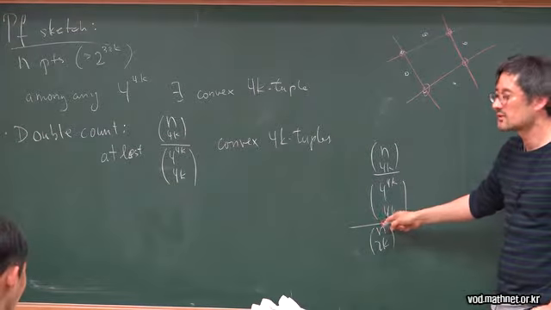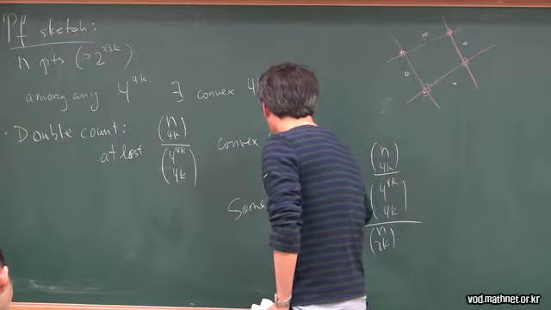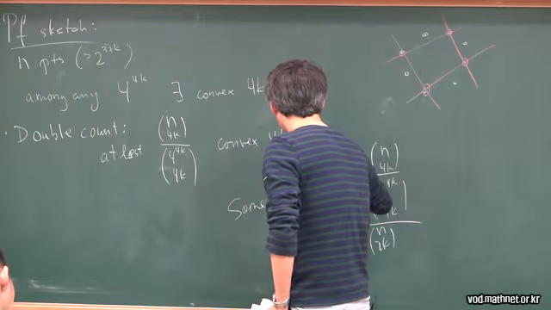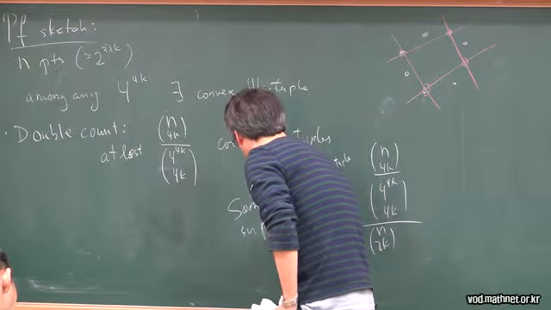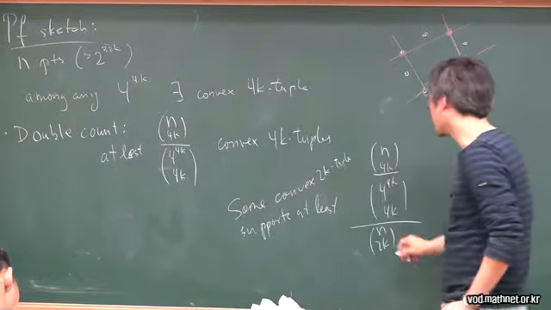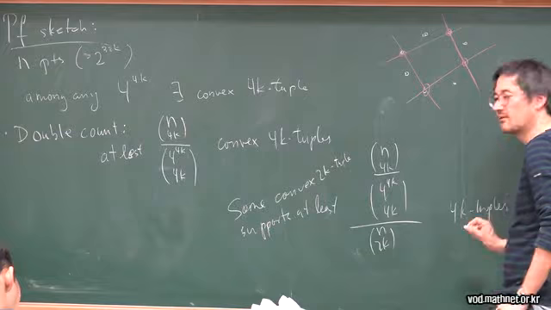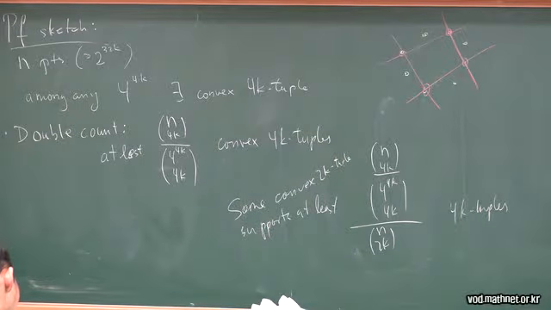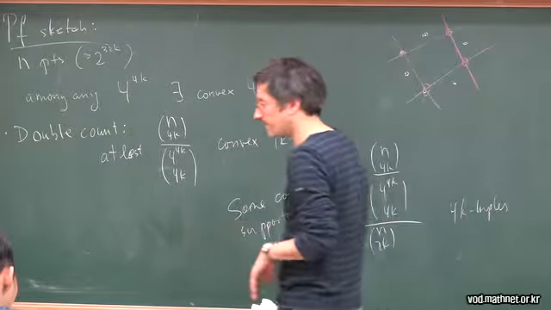So some convex 2k tuple supports at least this many 4k tuples. That's just averaging, and so you fix one of those. Now this is the one I fixed.